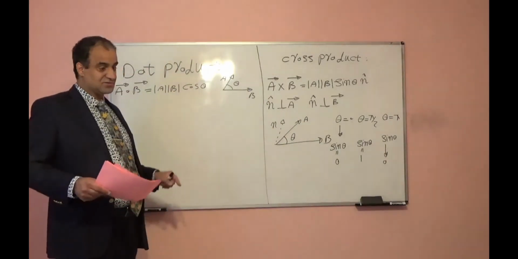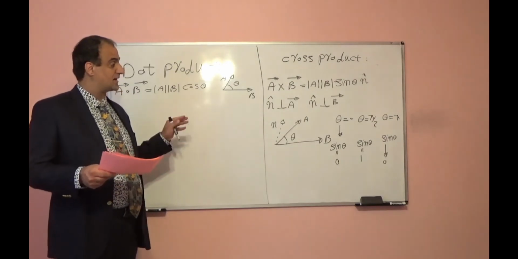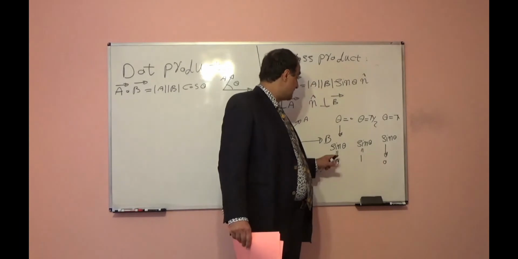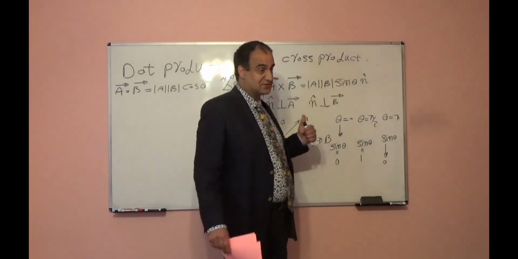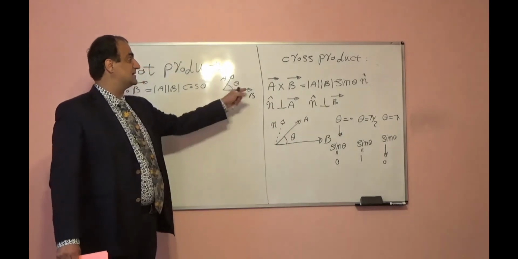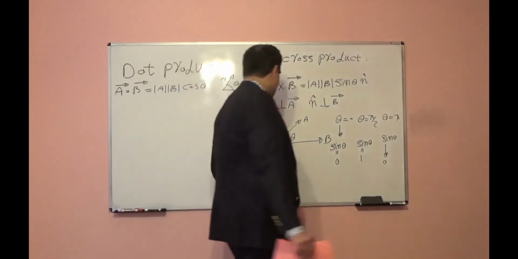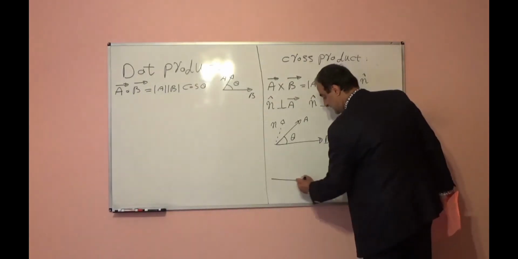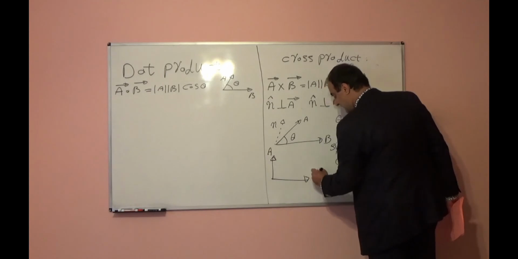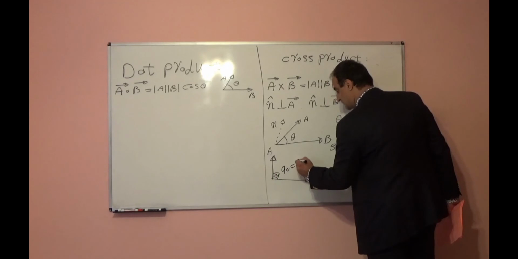It is a vector, and if these two vectors are parallel, it means the angle between the two vectors is 0. The answer will be 0, and it becomes maximum whenever these two vectors are perpendicular to each other, because if vectors A and B are perpendicular to each other, this angle is 90 degrees or pi over 2.